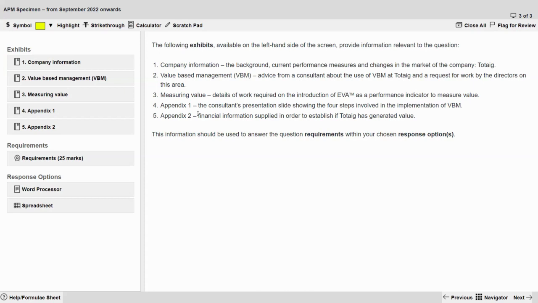Just don't look at the examiner's answer at all. Just try to do this question to the best of your capabilities.